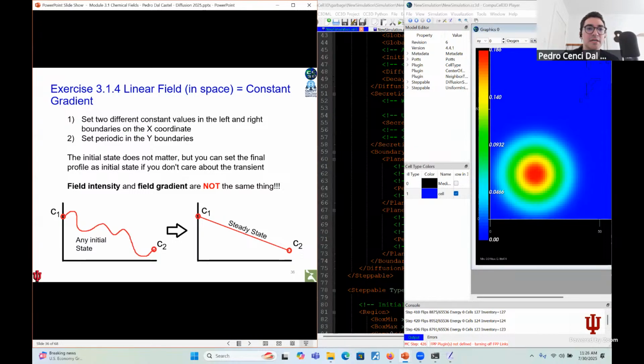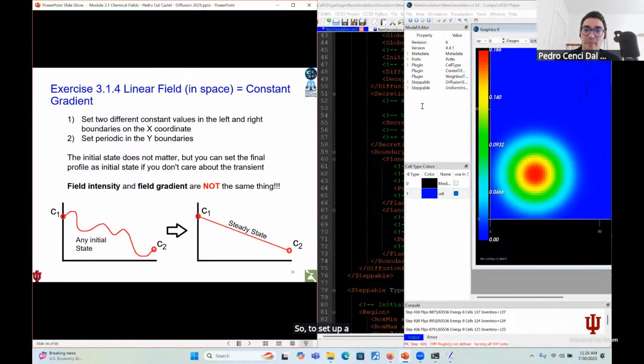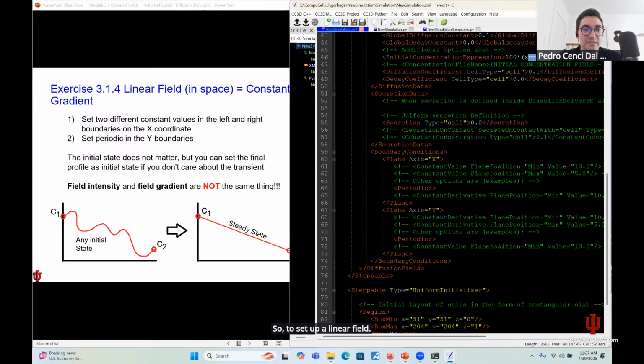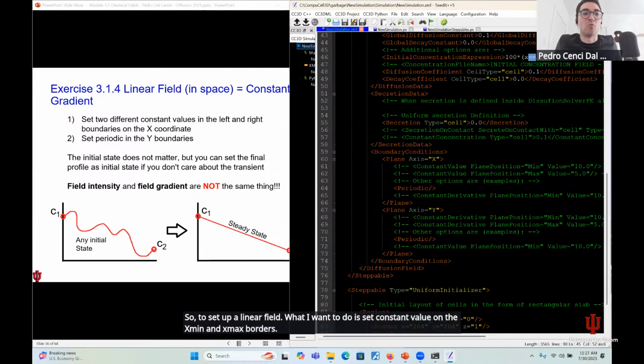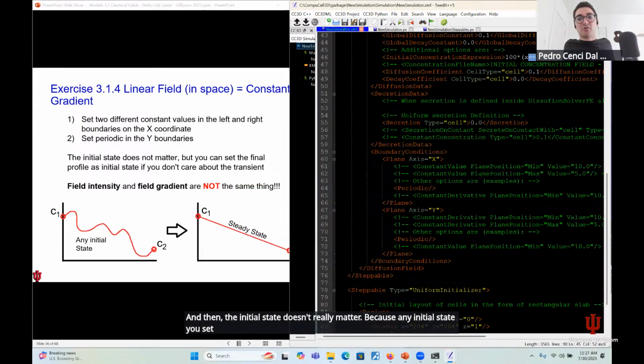Now let's set up a linear field. To set up a linear field, what you want to do is set constant value on the x min and x max borders. So for example, 1 on the left and 0 on the right. And then the initial state doesn't really matter because any initial state you set, the diffusion equation will eventually reach a steady state where it's a linear field, constant gradient from left to right.